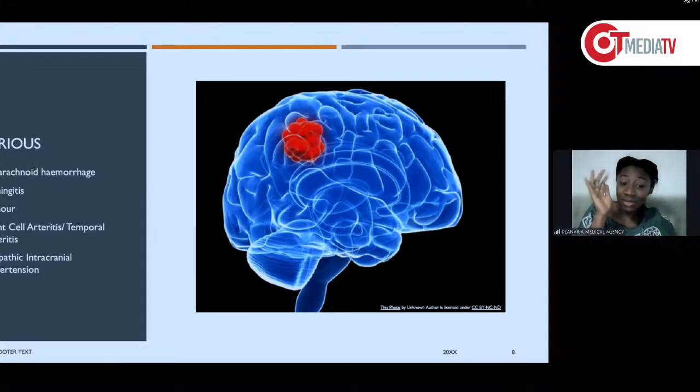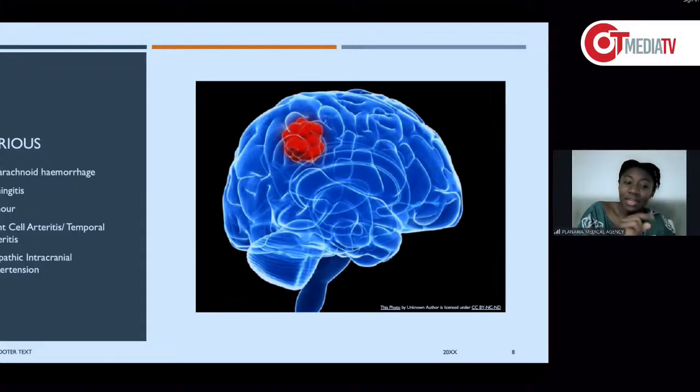And this is a very serious type of condition. It can cause you to lose your eye, and there are a lot of complications with this. So this is quite a serious headache that we take seriously. And then the last one, idiopathic intracranial hypertension.